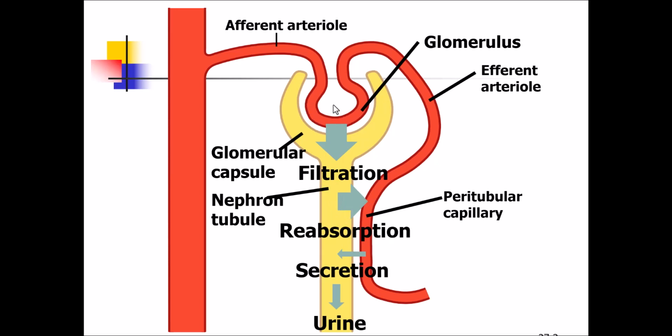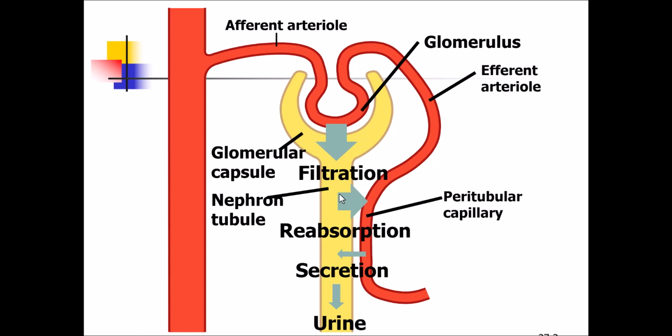When the filtration occurs, there's a lot of water that's filtered. There's a lot of glucose. There's all sorts of things that are filtered through those fenestrations that the kidneys need to return to the blood, right? If we lost all of the water and all of the nutrients that are filtered out of the blood, we would not survive very long.